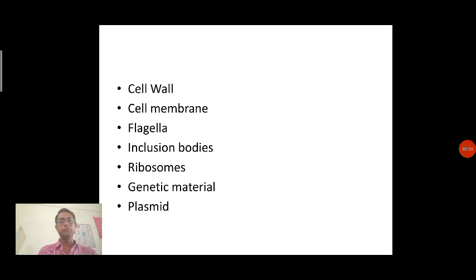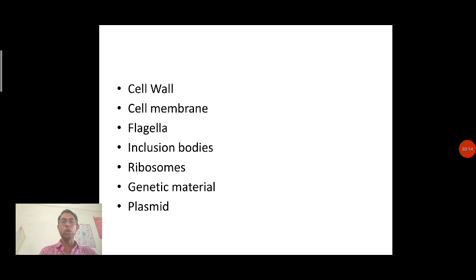Now the cell wall we call an external layer, so it is present towards the external side of the bacterial cell, and that's why it is known as the cell wall. This cell wall acts as a protective material for the bacteria.